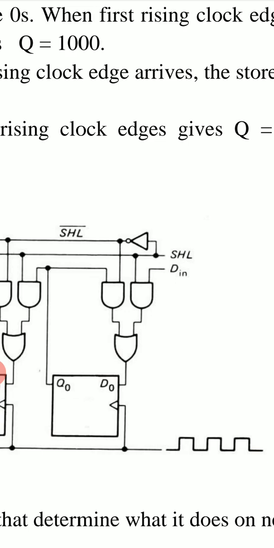So when SHL is 0, the right AND gate is disabled, then SHL bar is 1 and the left AND gate will then transmit Q0 to D0. So D0 will become equal to Q0 when SHL is 0, SHL bar is 1. So when the SHL shift left control signal is 0, we see that D0 is equal to Q0.